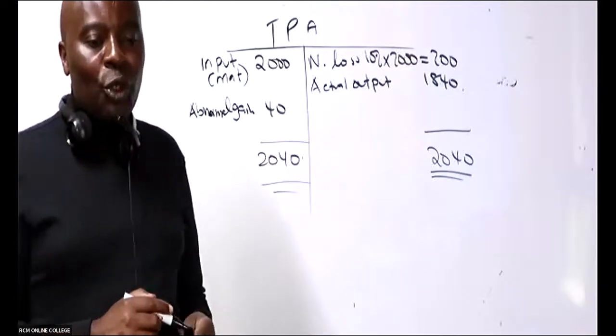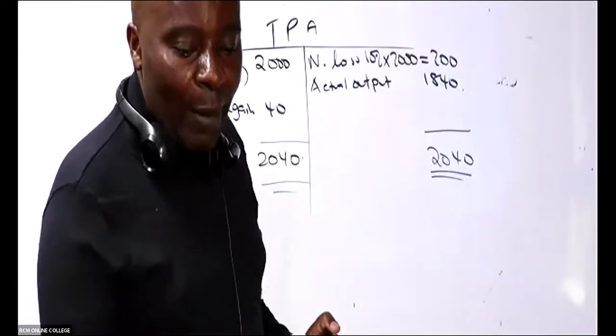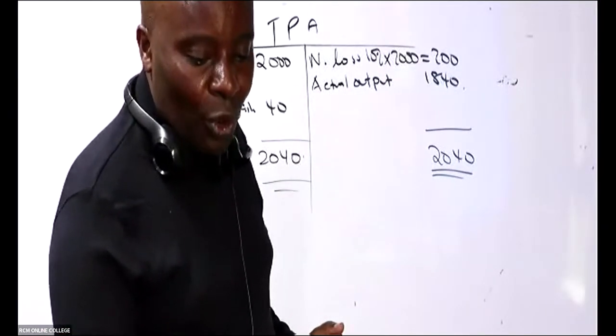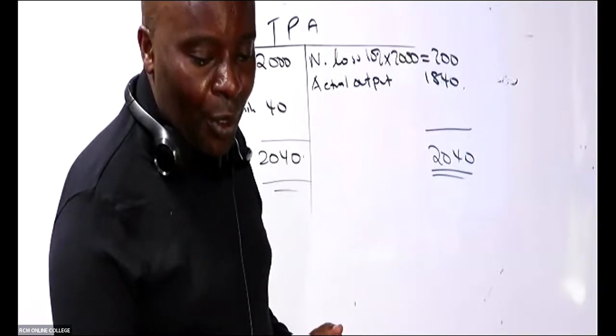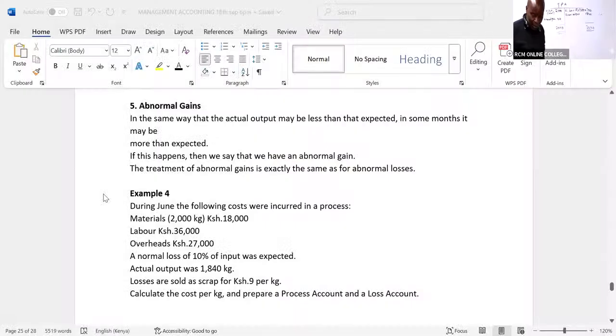Then after that, we should be able to go ahead and do a process account. Very easy, easy peasy. So the throughput account is over, and we have a process account.